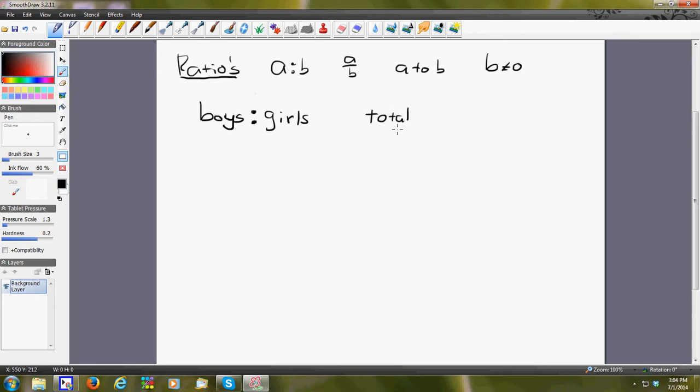Let's say the ratio of boys to girls in a class is 2 to 3. That means for every 2 boys, there's 3 girls. And here's the other thing about ratios: they're normally written in simplest form. So I could rewrite this as, for every 2 boys, there's 3 girls, if I wanted.